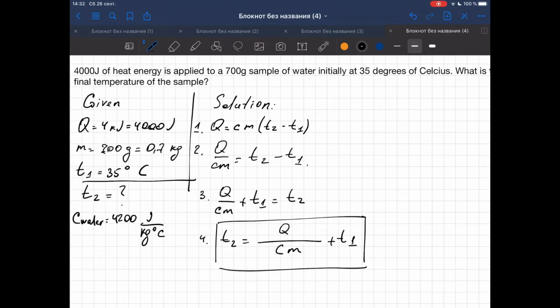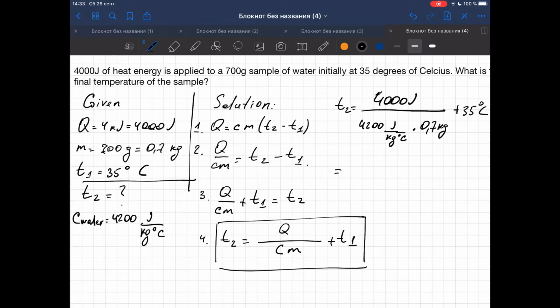So we start with the mathematical calculations. The second temperature is equal 4,000 joules divided by specific heat capacity of the water, which is equal 4200, multiply 0.7 kilograms plus 35 degrees.